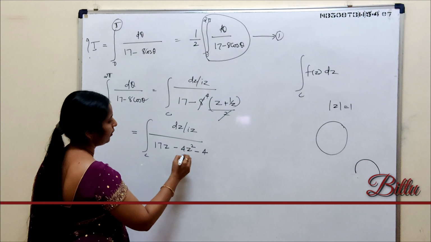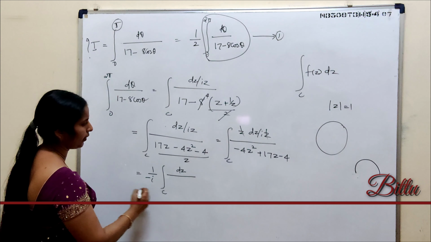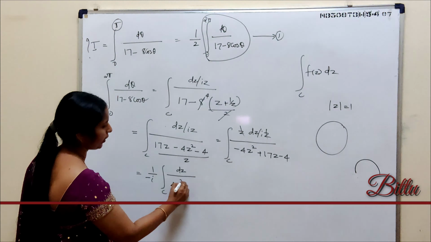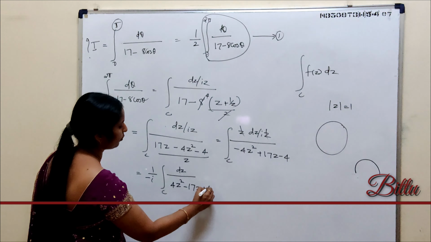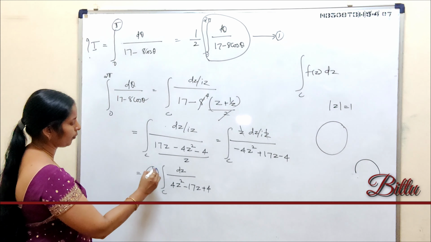It is 1 by i integral over c dz, whole divided by minus 4 z square plus 17 z minus 4. We wish to start with the positive term, so you take a negative sign outside. It will become 4 z square minus 17 z plus 4. And you can notice 1 by i is minus i, so it will become i.